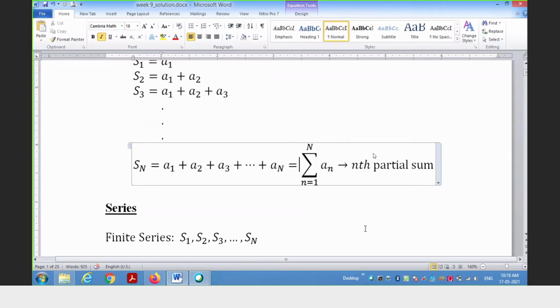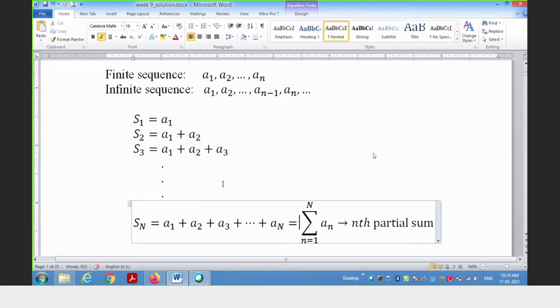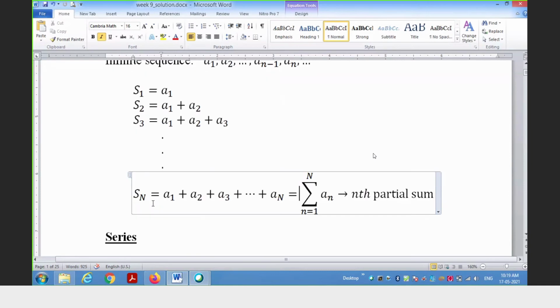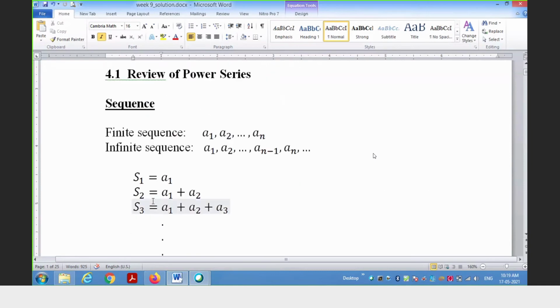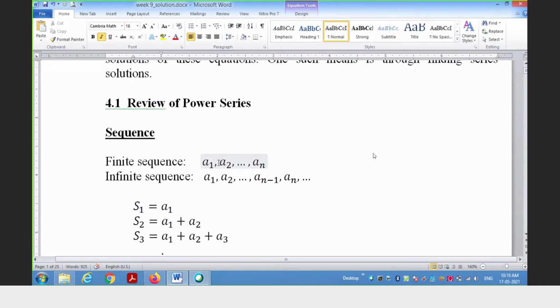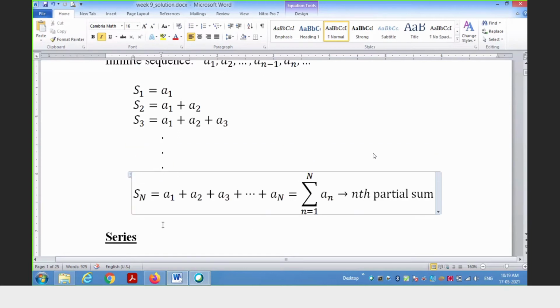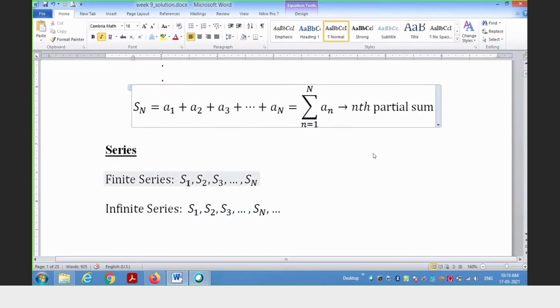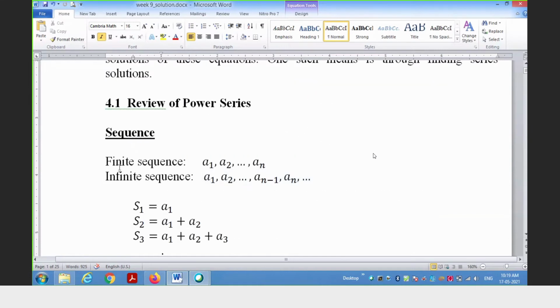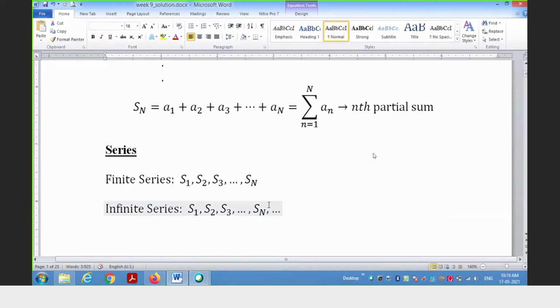From this partial sum, you can construct a series. A1, A2 are the terms; this is for the sequence. For a series, you construct S1, S2, S3, and so on up to Sn. That is for a finite series: from a finite sequence, you can construct a finite series.